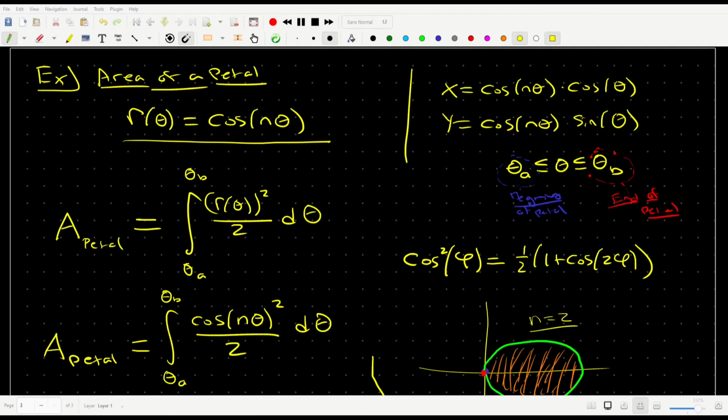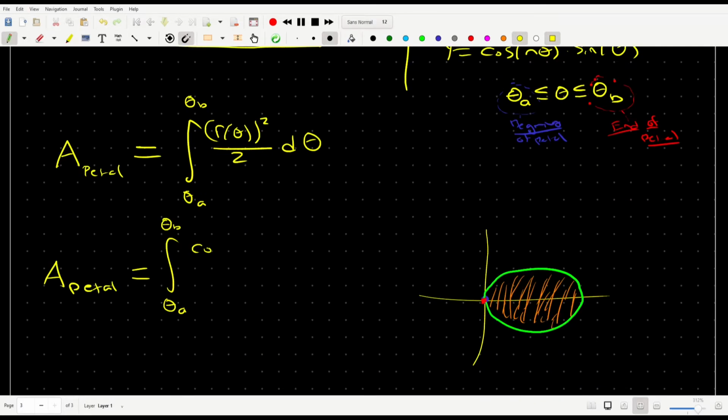You can find the correct bounds before you integrate or after you integrate. You're going to have to do it eventually at some point, but I think it's easier to just do the integral first and then find those bounds. It's just the integral of cosine of n theta squared over 2 d theta.